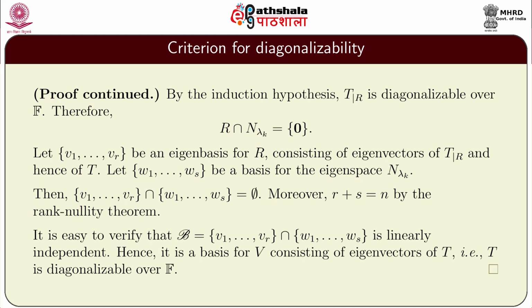Let us choose an eigenbasis for R consisting of v1, v2, ..., vr. So, they are eigenvectors of the operator T restricted to R and hence of T, and let us choose a basis for the eigenspace N(lambda k) consisting of the vectors w1, w2 and so on up to ws.